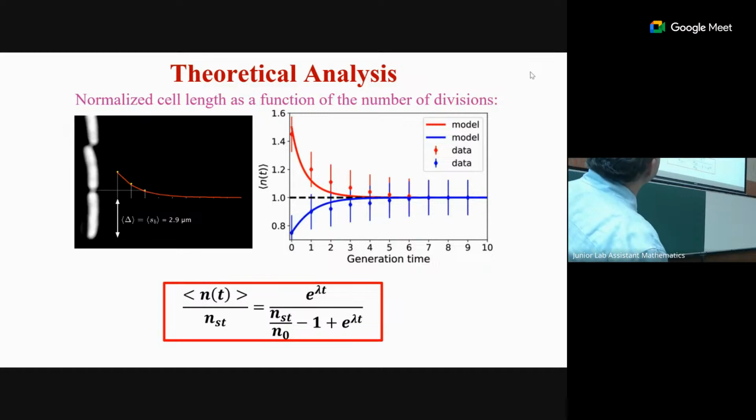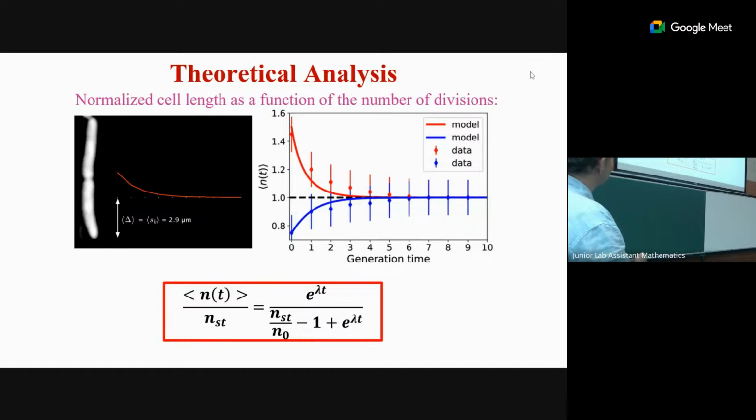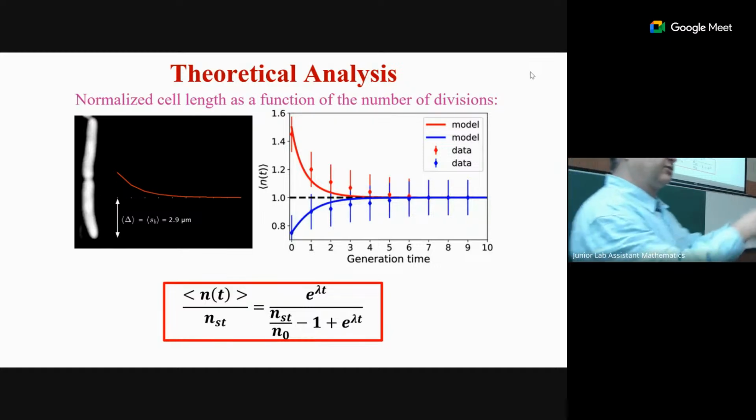And this should show you how this was done. See, this is from the experimental paper, how these measurements were done. I hope you can see this is much better than before. You can see the cell divides, right? Good. So first of all, excellent agreement with the data, essentially without fitting parameters, because the only parameter in the theory was this growth rate, which you can get independently.